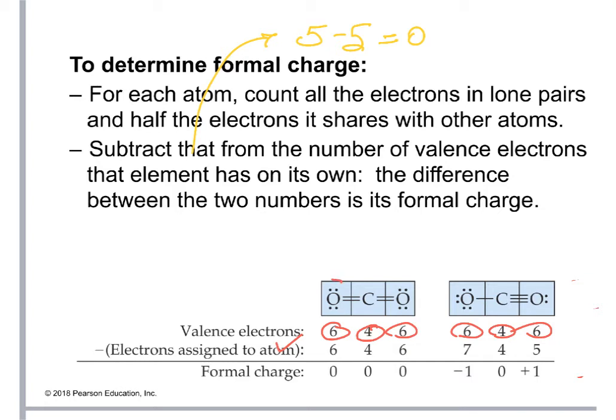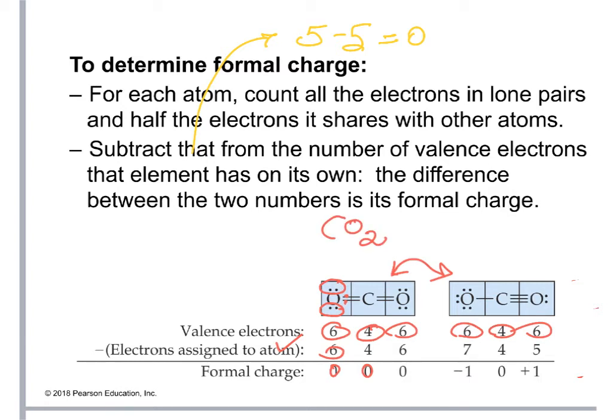Once again, count the lone pairs, the non-bonding pairs, count all of them, and count only 1 electron from each bond. All right, so this oxygen has 6 even in this compound. It's got a formal charge of 0. So does carbon, right?